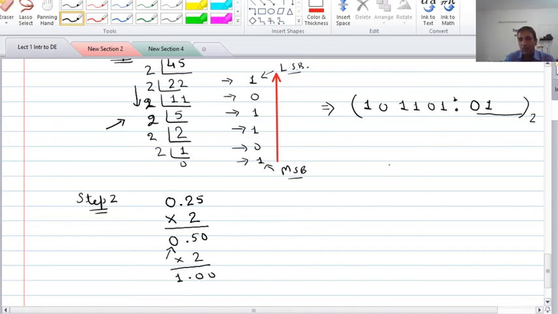Okay, so in this way you can say that 45.25 with the base 10 can be represented as 101101.01 in base 2. Okay, so again, cross check.